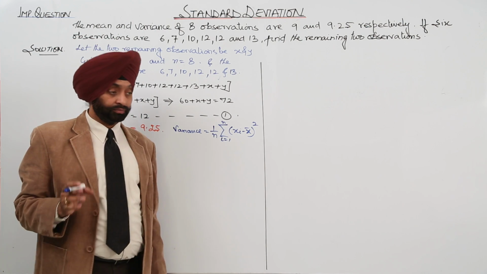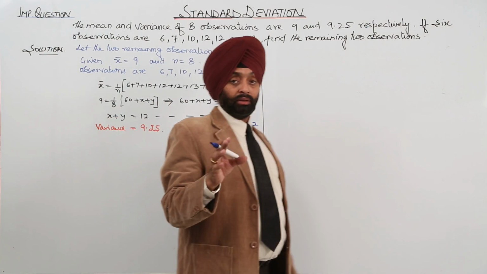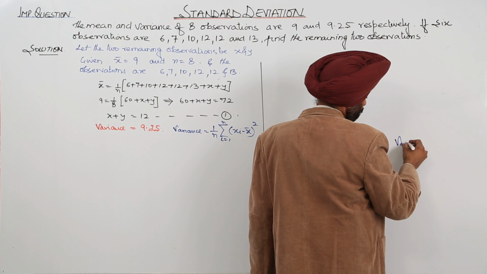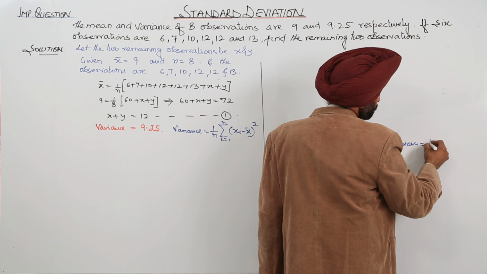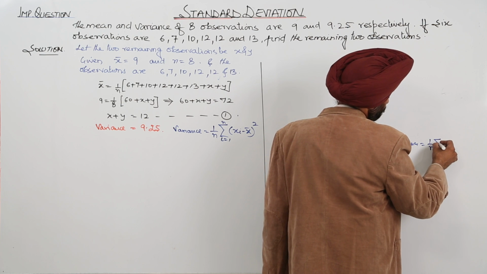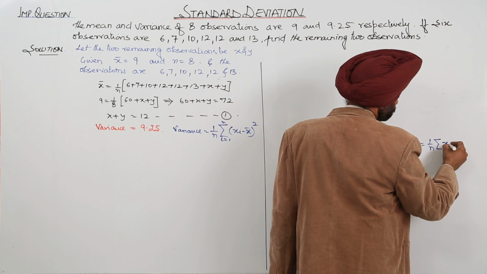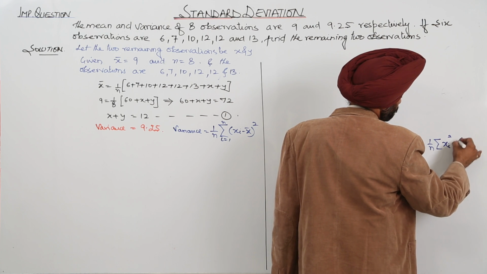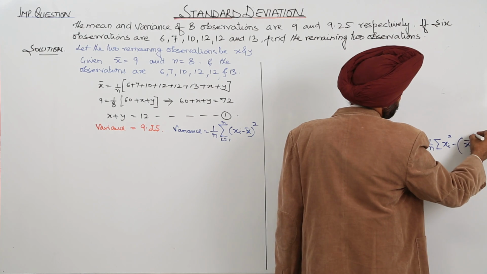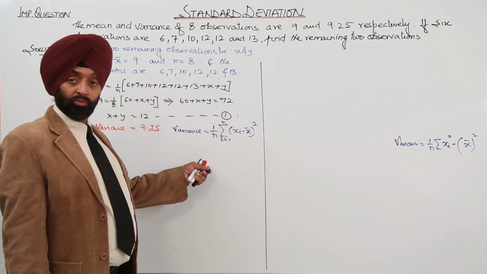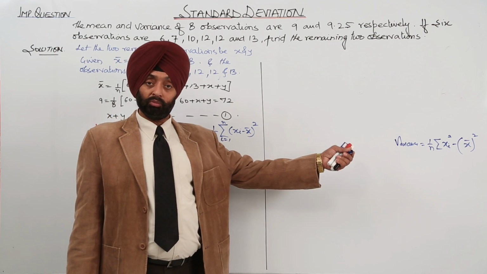Now remember one thing, you can even go for variance is equal to 1 upon n summation of xi square minus x mean square. I have used the first formula, even you can use this formula.